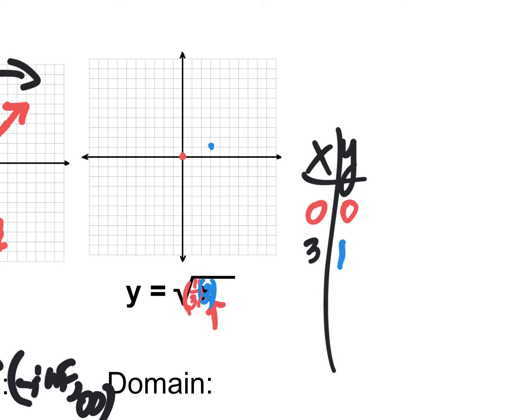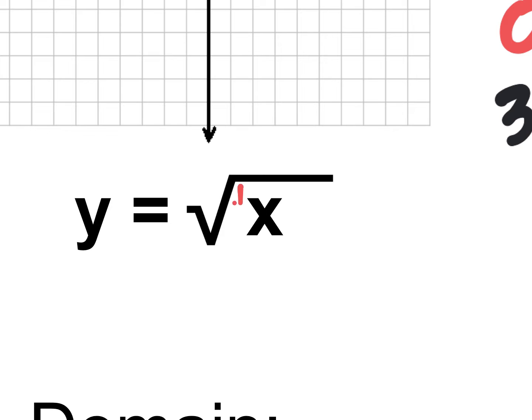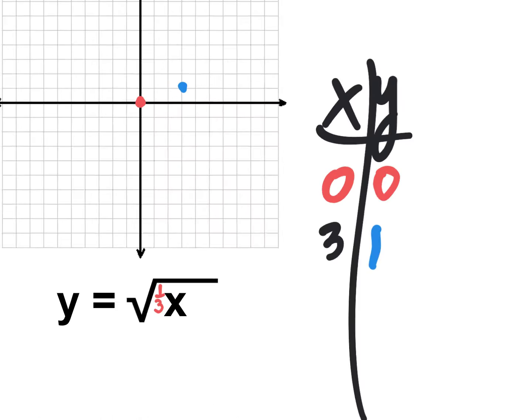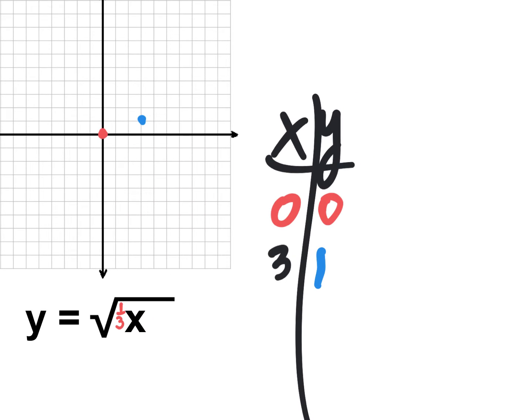All right, now I'm just looking at what the graph looks like, and I know what the square root of x looks like, but remember there's a 1/3 in front of this, right in here. So I know, just thinking, the square root feels like it should be horizontally shrunk, but it's actually a horizontal stretch.